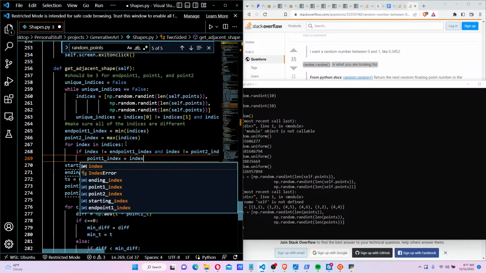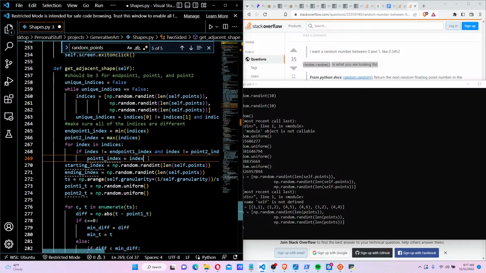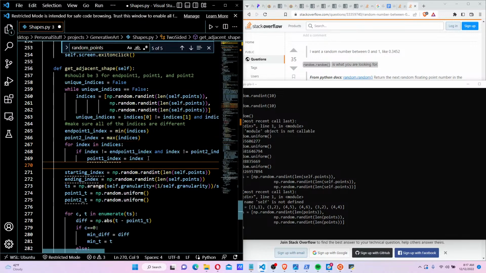Okay. So now I have the indices for each point.